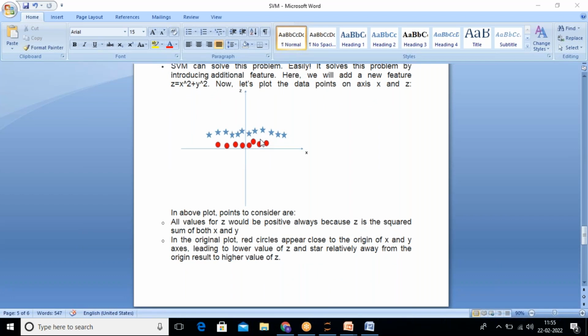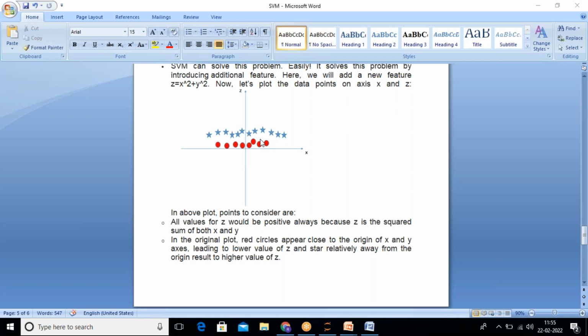Meaning the data has moved from a lower dimensional space to a higher dimensional space, in 3D something like that. Can we say that? It allows us to operate on the original feature space.